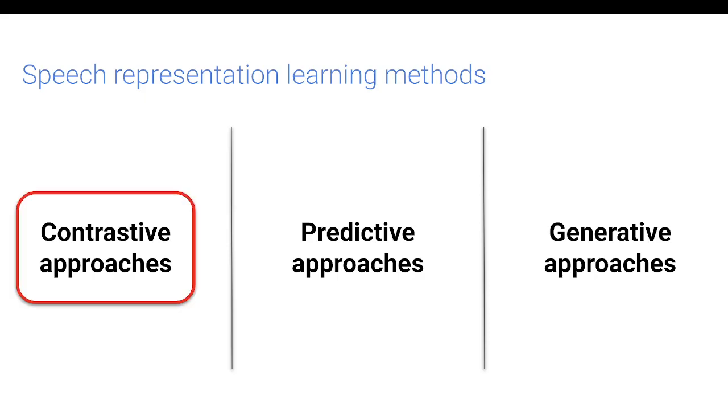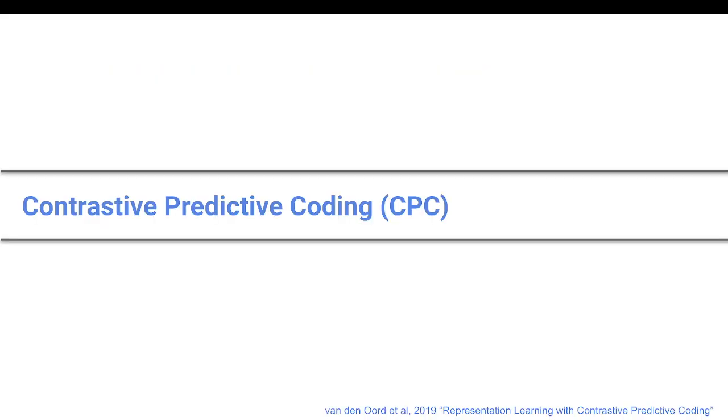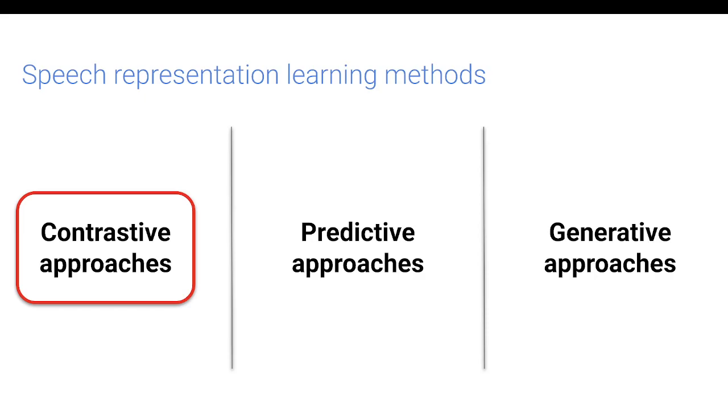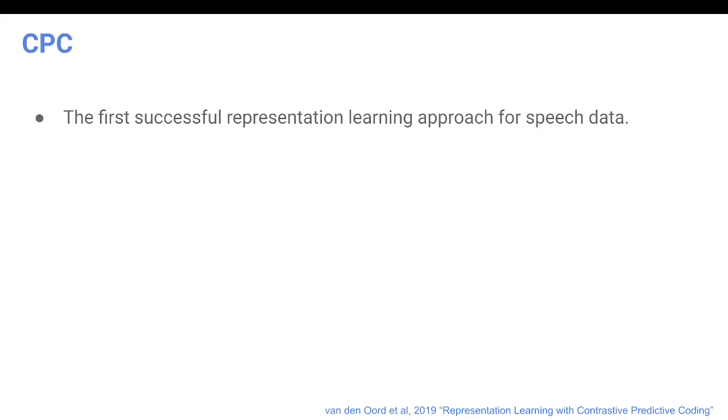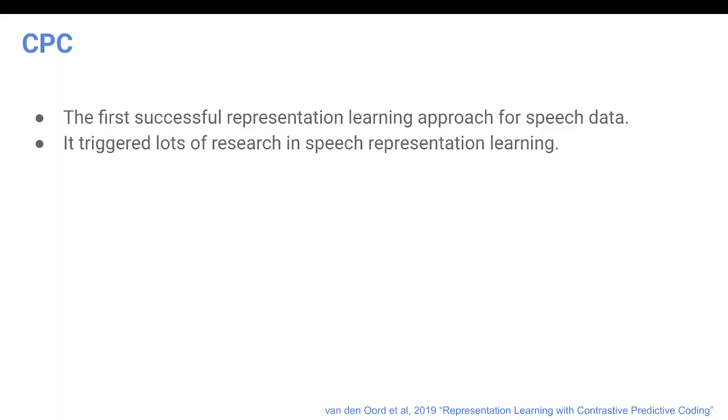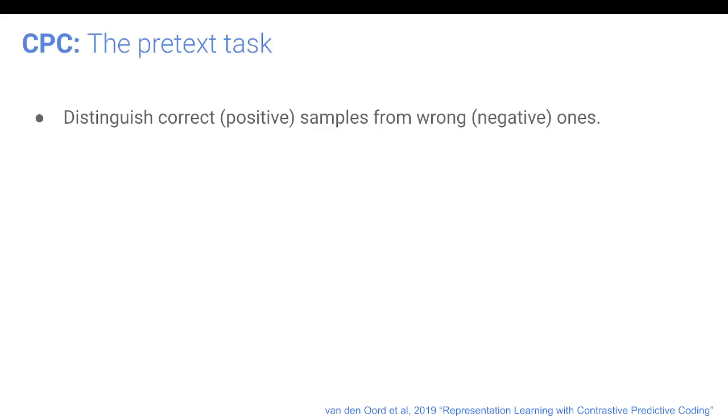First, let's focus on contrastive approaches, starting with contrastive predictive coding. So CPC is the first successful representation learning approach for speech recognition. It triggered a lot of research in speech and visual representation learning.